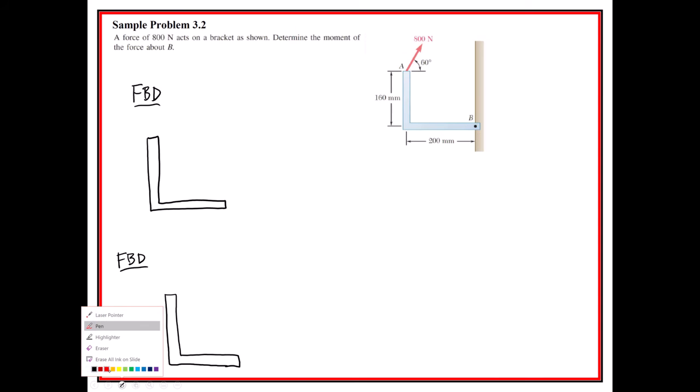I should be consistent here. And here's X and Y. Here's the positive direction. Let's put it down here too. X, Y. Here's the positive direction.